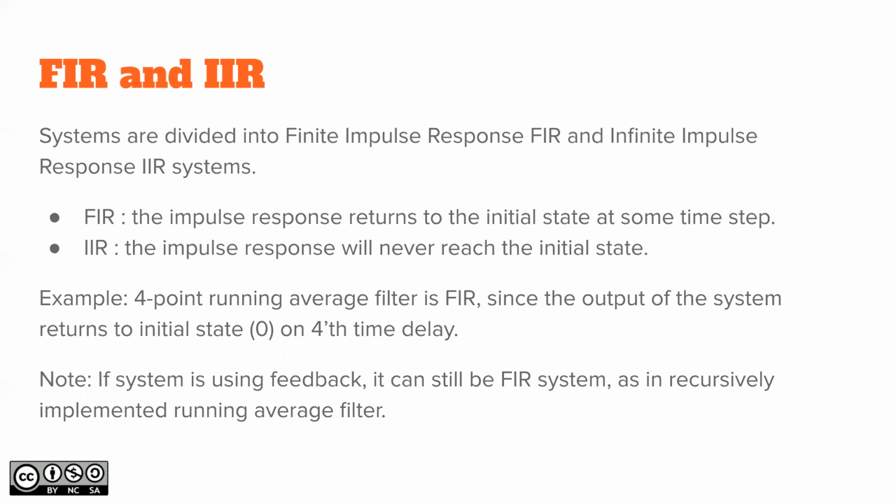And here's the feedback. You must have feedback in order to have an IIR system, but if a system has a feedback loop, it still can be FIR, like in a recursively calculated running average.